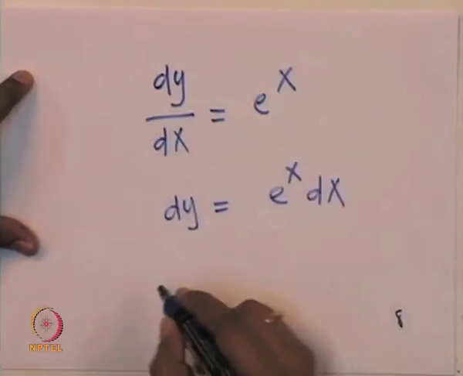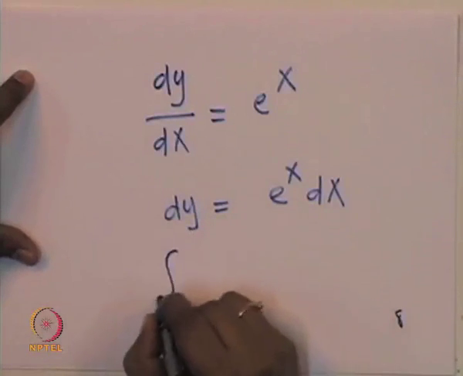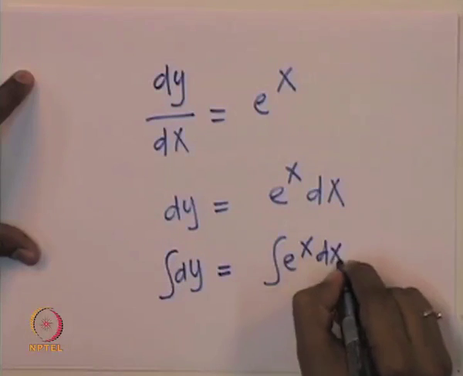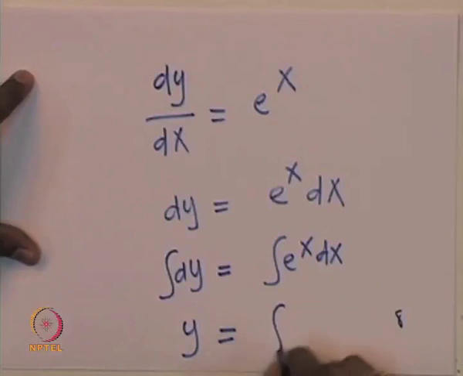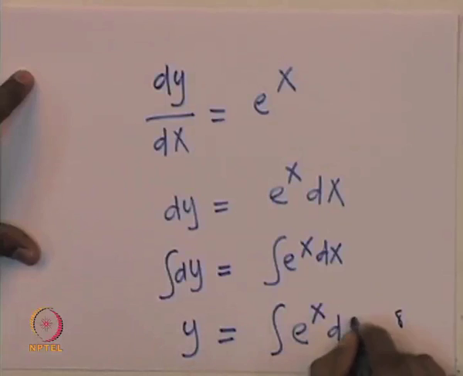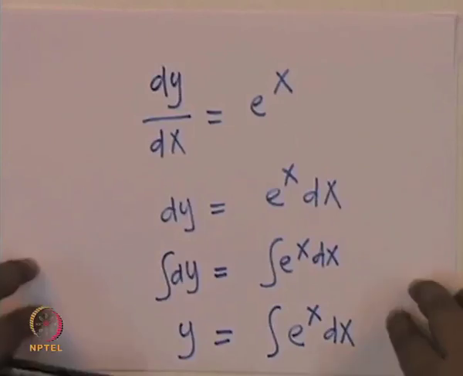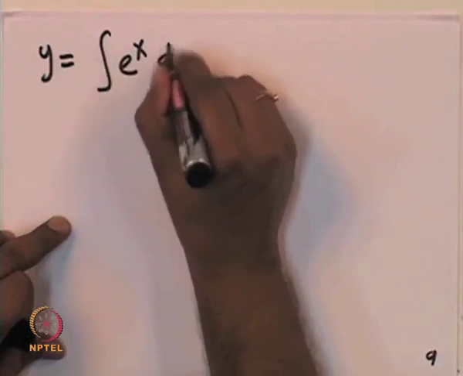I can integrate on both sides, that is integral dy is integral e power x dx. Integral dy will give you y. So, y is equal to integral e power x dx. Now, what is integral e power x dx? Let us have a look at this.